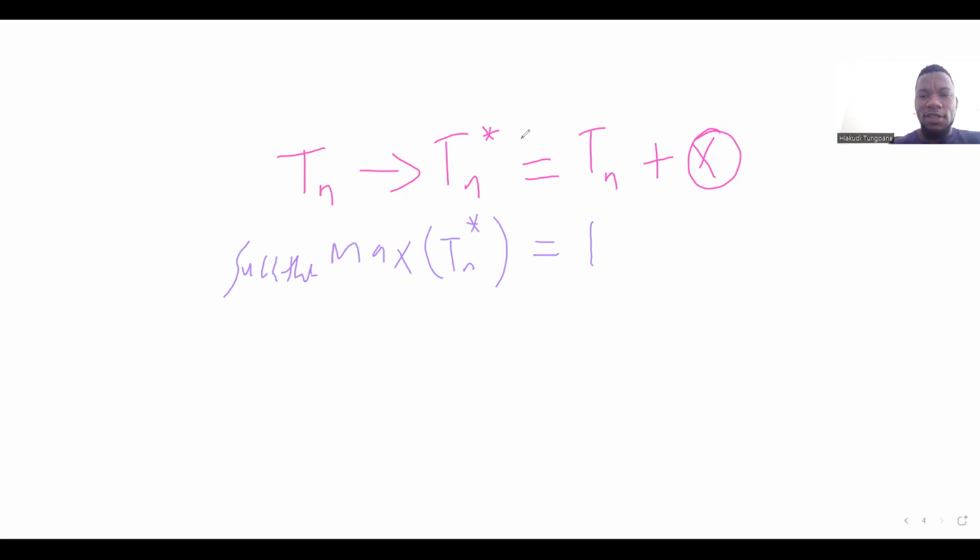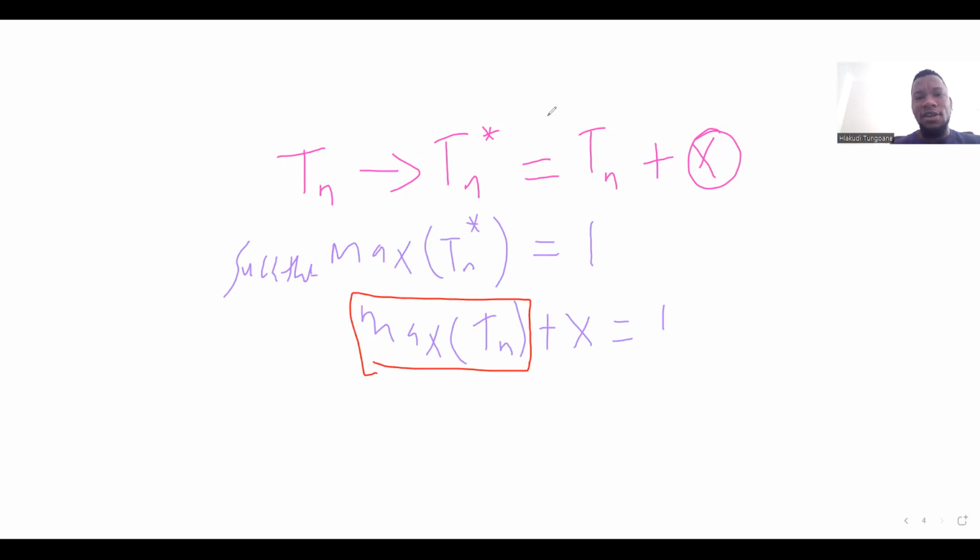The maximum for Tn star is the same as the maximum for Tn plus x, which must equal 1. So if we can solve for the maximum for Tn, which is our original number pattern, and then add x, we can solve for the unknown, which is x.